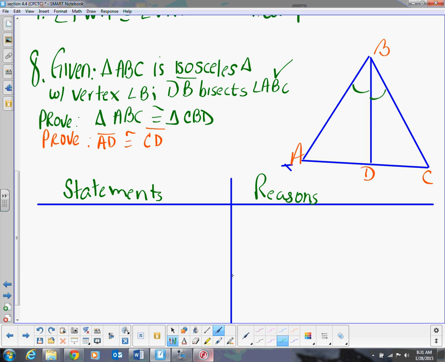What does that mean? What's an isosceles triangle? Two equal sides should come from this. The question is, which two?